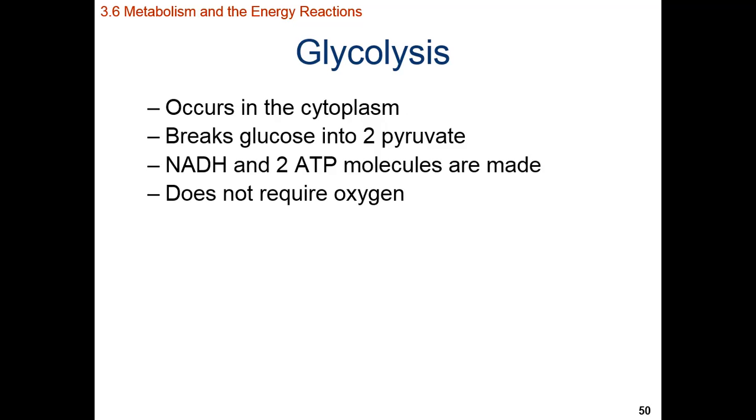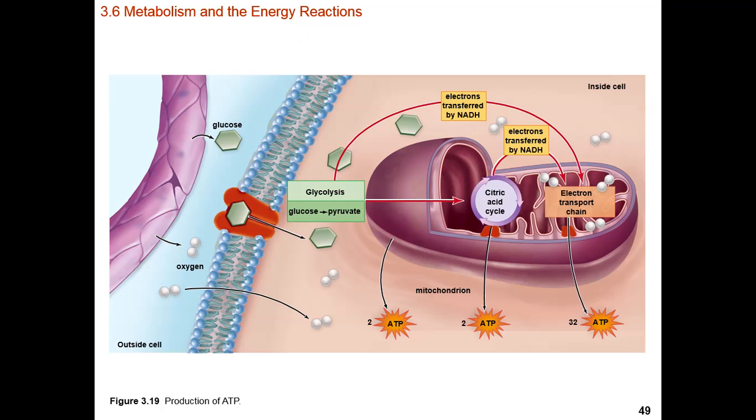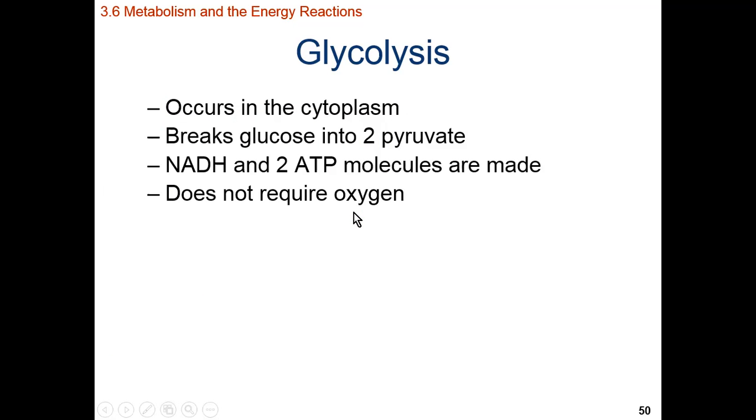It's always going to occur in the cytoplasm of the cell. During glycolysis, 1 glucose molecule is broken into 2 pyruvates. So this 1 glucose right here is turned into 2 pyruvate molecules. NADH is an electron carrier, and we are able to make NADHs and pick up high-energy electrons and carry them away from glycolysis. Glycolysis also makes a net yield of 2 ATPs for every 1 glucose.